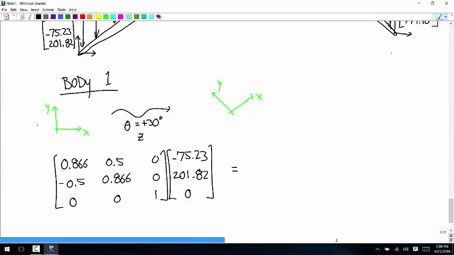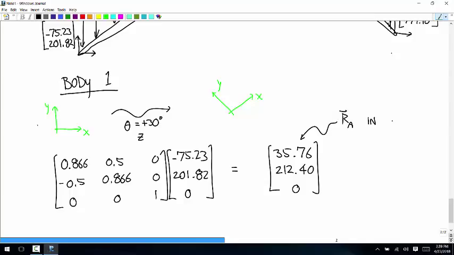So what we're getting now is RA expressed in the new coordinate system. And could you tell me that when you get it? Okay. Okay, and then 0z. So this is RA in the new coordinate system.